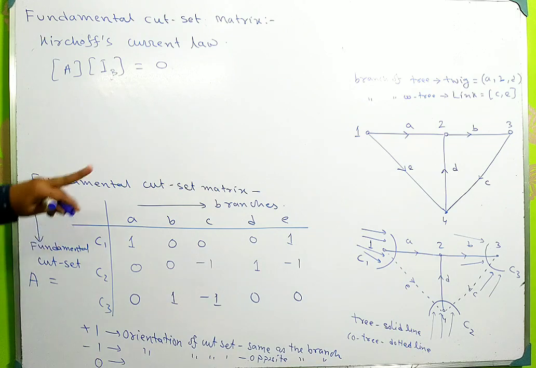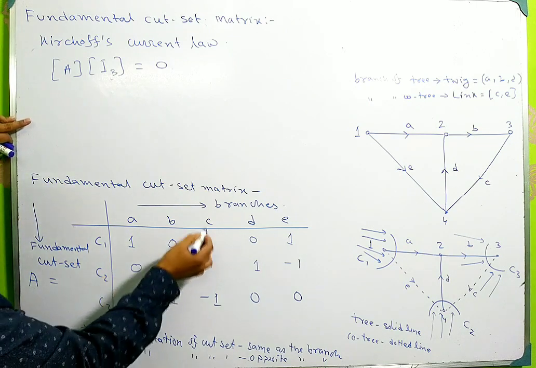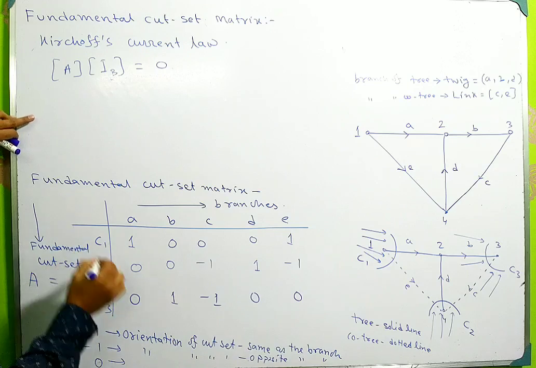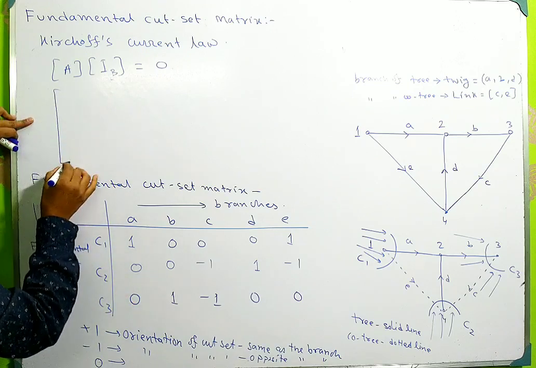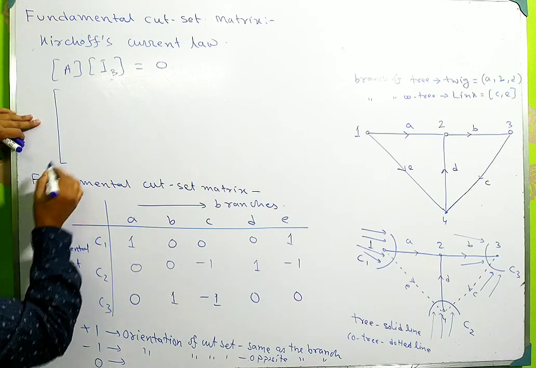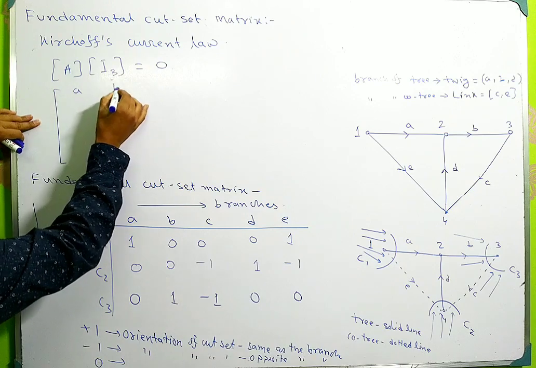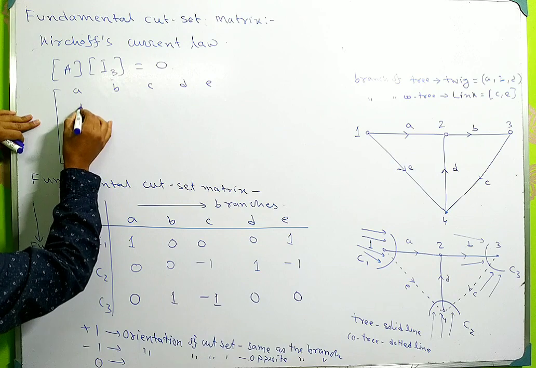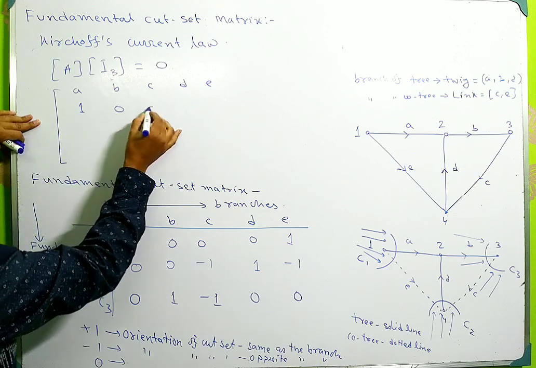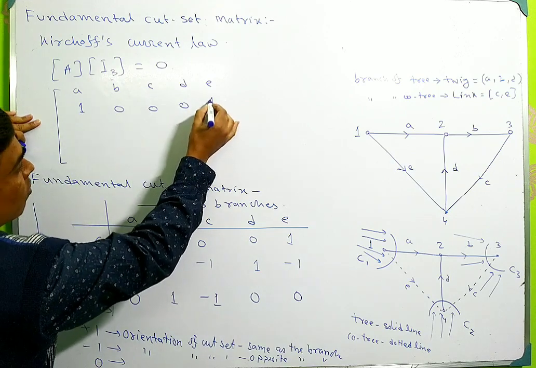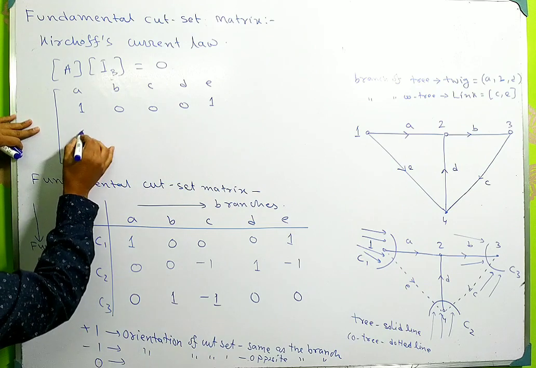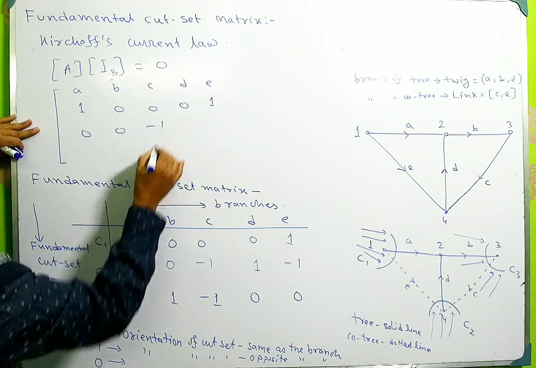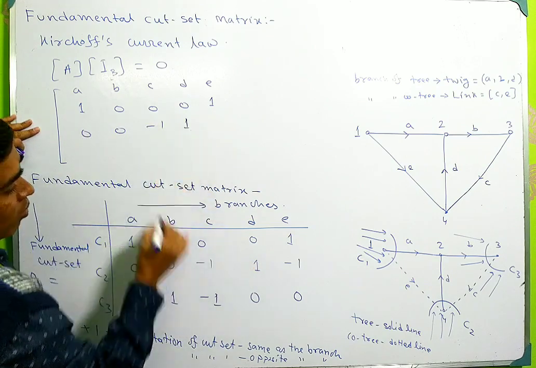So from this graph, this is the fundamental cut set matrix, with columns A, B, C, D, E. This row is 1, all 0 except E, which is 1. This row is 0, 0, -1, +1, -1.